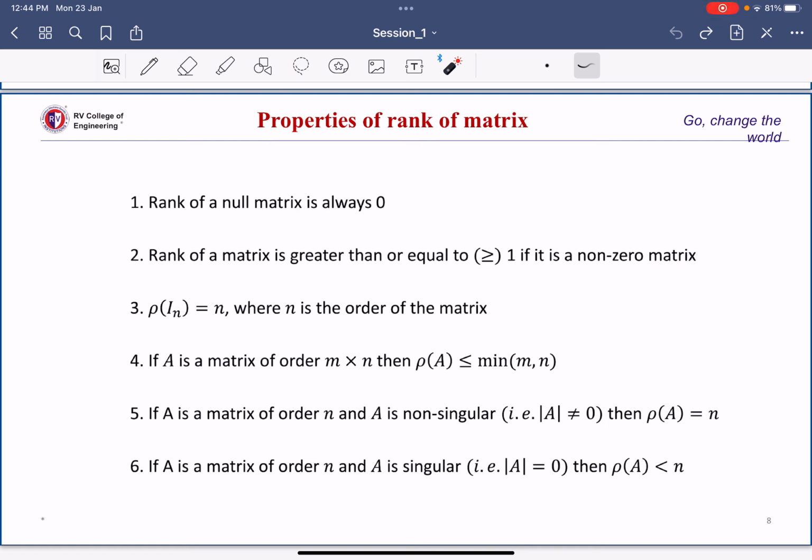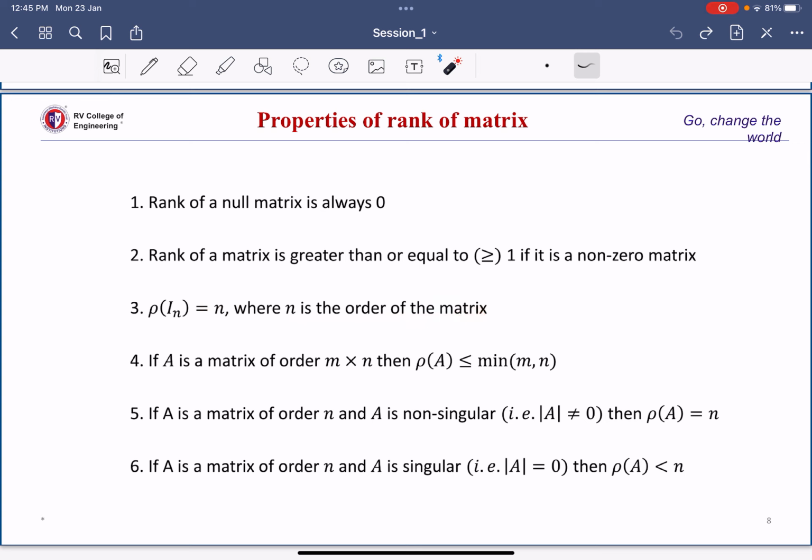So the minor of order 2 does not vanish, which means the rank of the identity matrix of order 2 is 2. So in general, the rank of an identity matrix of order n is n itself, where n is the order of the matrix.